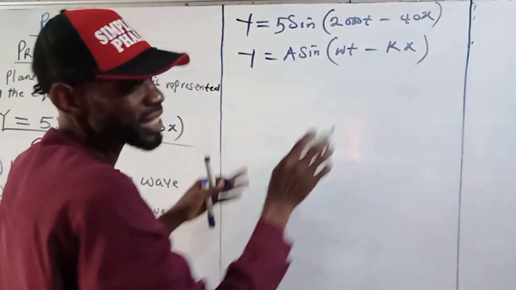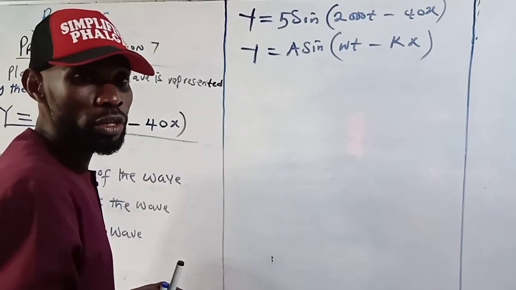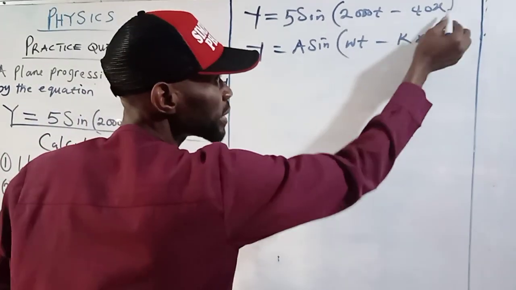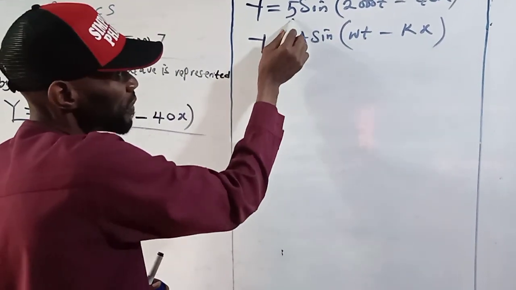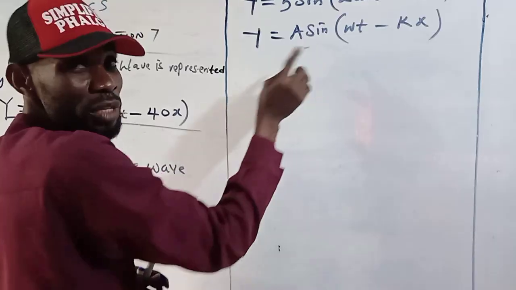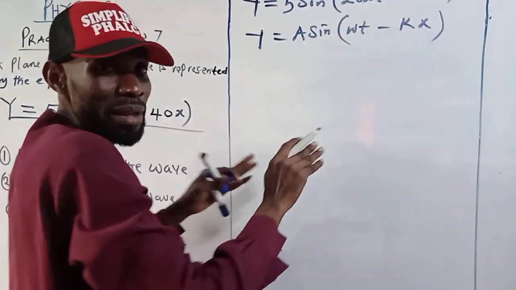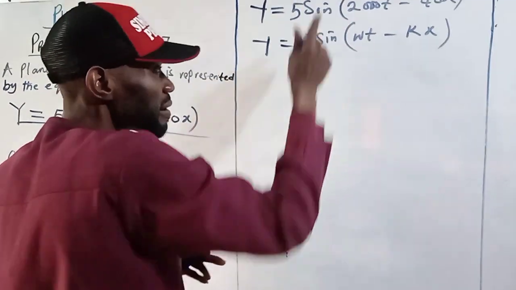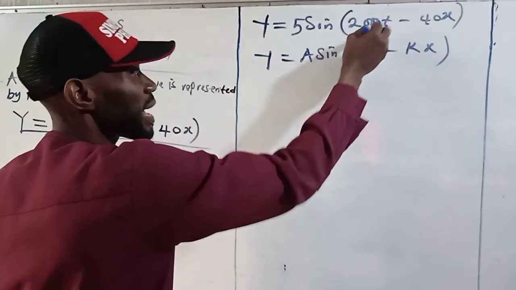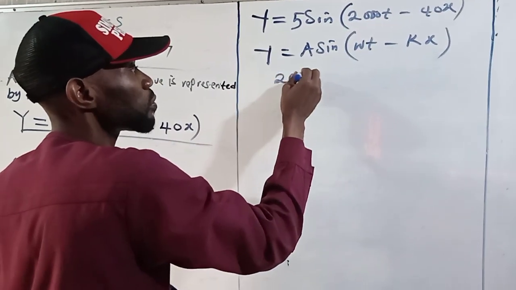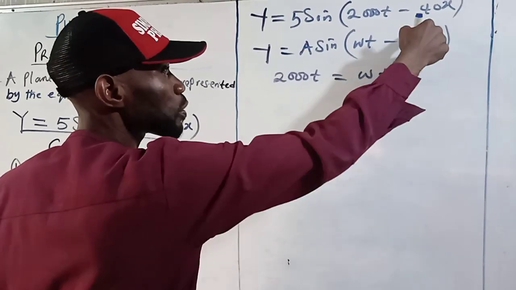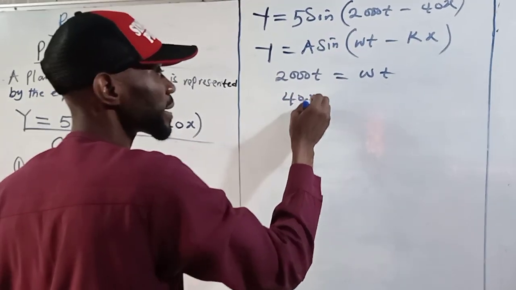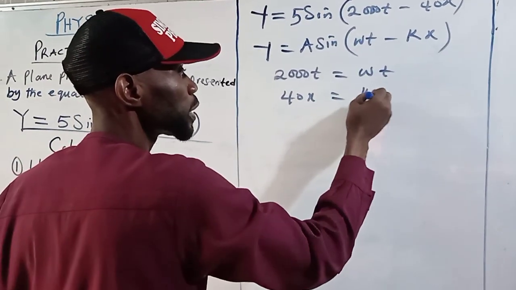Take a look at the similarity between these two equations. Here we have 40x and kx, we have 2000t and wt. Here you have 5 and a, and you have sine. You can see how everything can be compared. In comparison, 2000t should be equal to wt, and also 40x should be equal to kx.